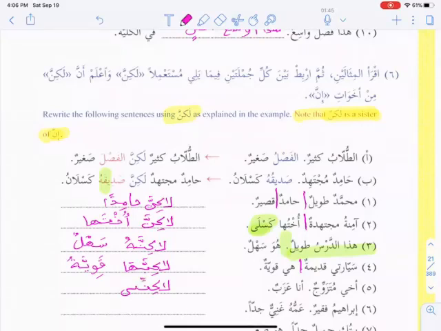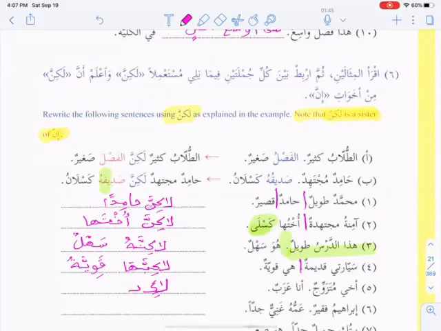Lakinni. You can say lakinni or you can say lakinnani. Make it very simple, inshallah. Let me write down both.